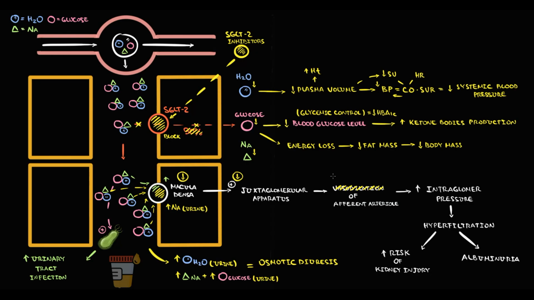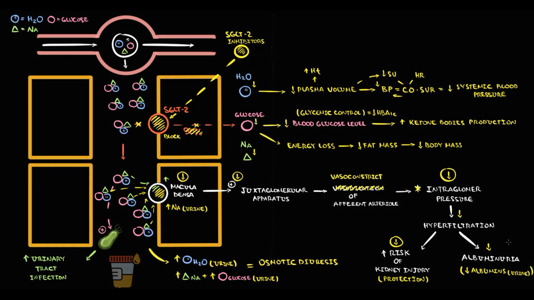This provokes vasoconstriction of the afferent arteriole that in turn causes decrease in intraglomerular pressure. The lower the intraglomerular pressure, the lower is the hyperfiltration, and thereby the lower is the risk of kidney injury, and the lower is the albuminuria, so the amount of albumins in the urine will decrease.